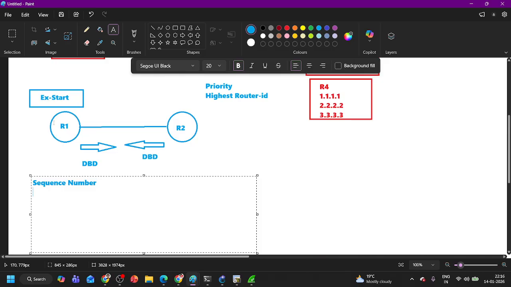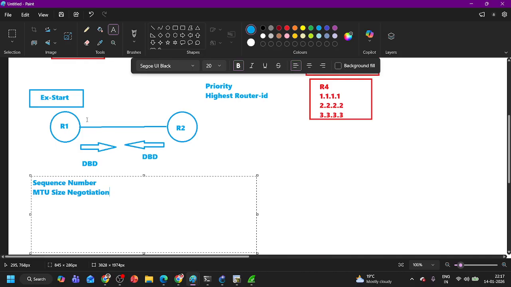MTU negotiation will also happen. Routers are going to negotiate MTU size. MTU should be the same. If it is not the same, sometimes it can cause OSPF neighborship flapping, because of MTU sometimes OSPF packets can be dropped if fragmentation is not allowed.